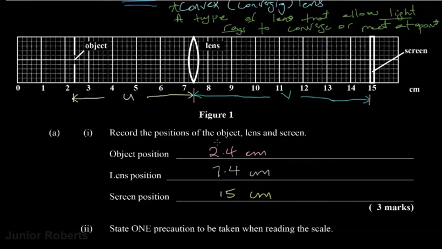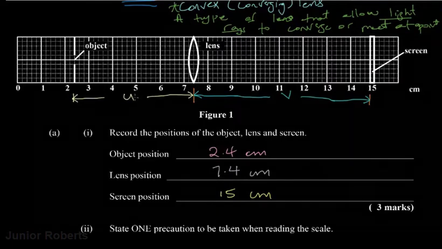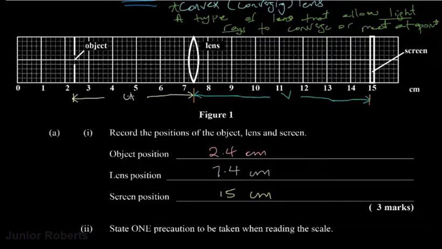So we can use our information in the table here to help us calculate these. How could we calculate our object distance after knowing the position of the object and the position of the lens? Okay, so what we're saying is that we have our position of the object right here.